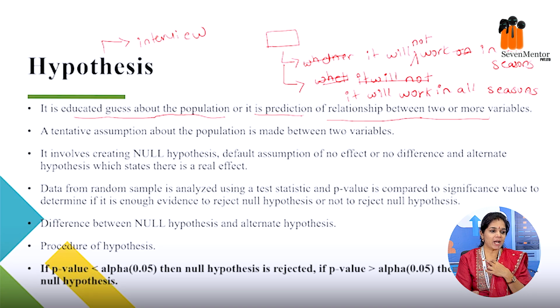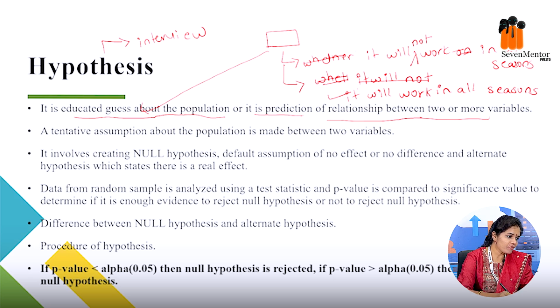What is my expectation? My expectation is that my product should work in all the seasons. Okay. So, who made these statements? Myself, because I have built this product. That's the reason it is an educated guess, because the one who has built the product can make the guesses and have the test done for the real world.